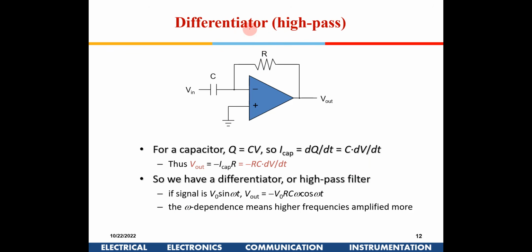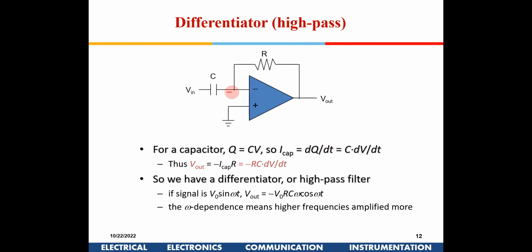Now you can use this as a differentiator or high pass filter. It's all the same. Now I have a capacitor here, and I have a resistor out here. Q is CV, right? So dQ by dt will be C dV by dt.